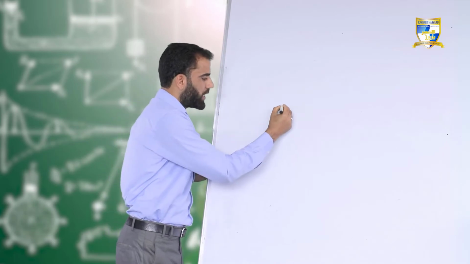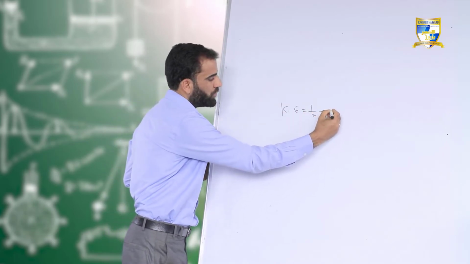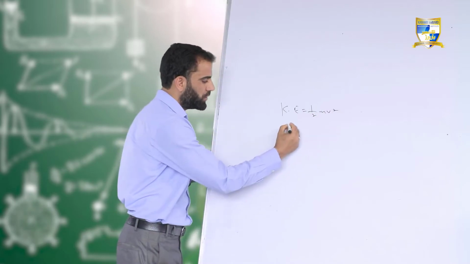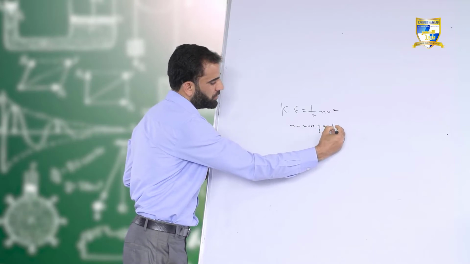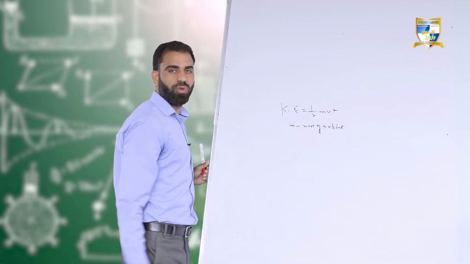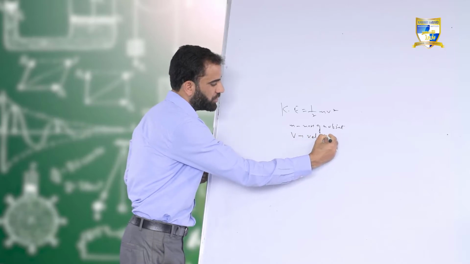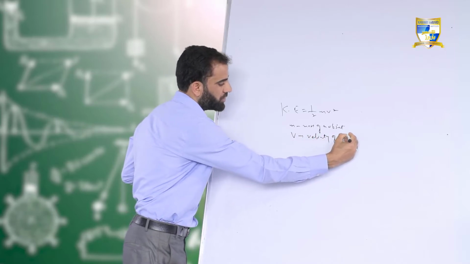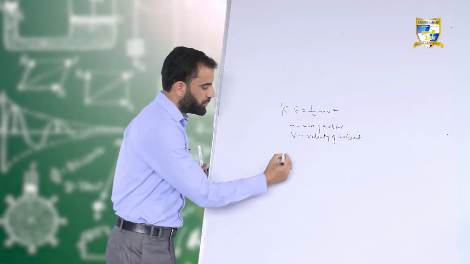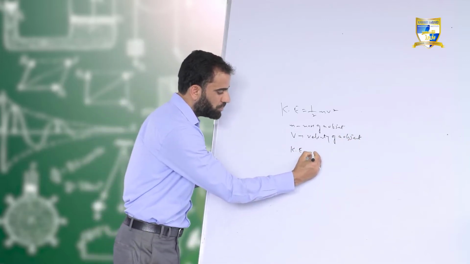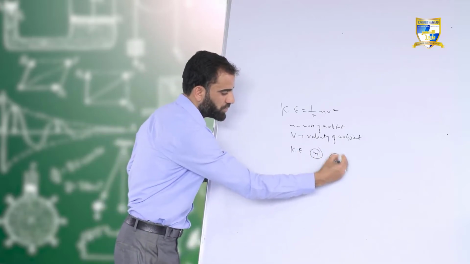So we know that kinetic energy equals 1/2 mv². What is m here? It is the mass of an object. What is v here? It is the velocity of an object. So kinetic energy depends upon two things: one is the mass of an object and the next is the velocity of an object.